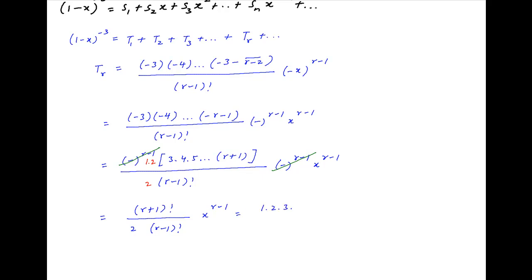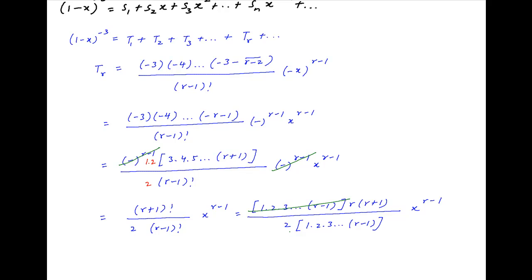And this can be written as 1 times 2 times 3 and so on till (r - 1) multiplied by r times (r + 1), divided by 2 times (1 times 2 times 3 and so on till (r - 1)) multiplied by x^(r-1).